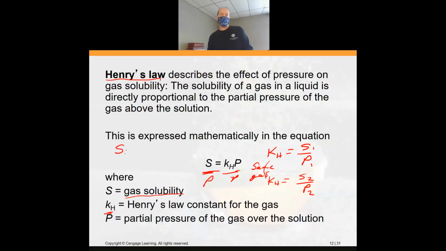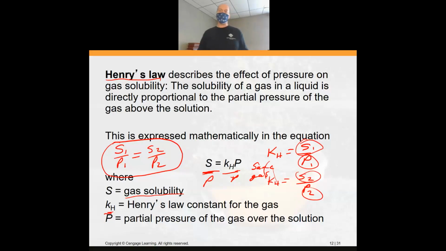And so you can have S1 over P1 is equal to S2 over P2. You can use this equation for Henry's law without actually using the Henry's law constant. If it says, give me the answer for the Henry's law constant, then you take solubility 1 over pressure 1, or solubility 2 over pressure 2. That will give you the same answer because it is the Henry's law constant for that gas.